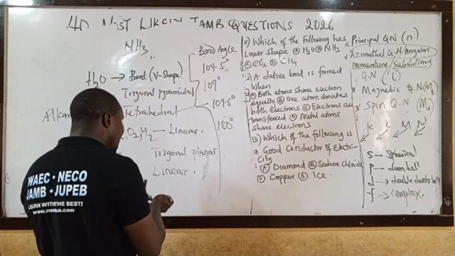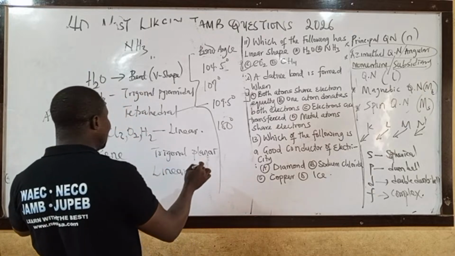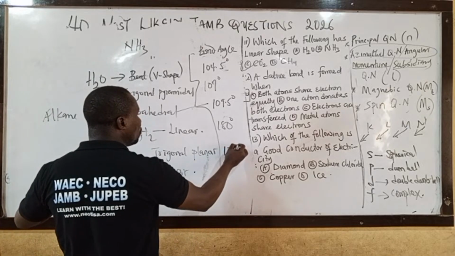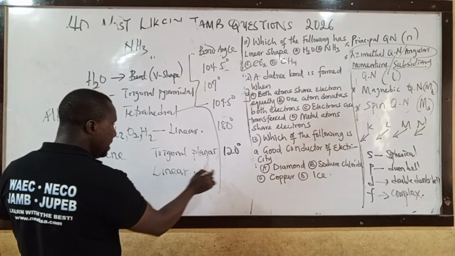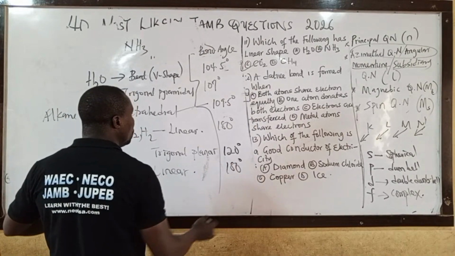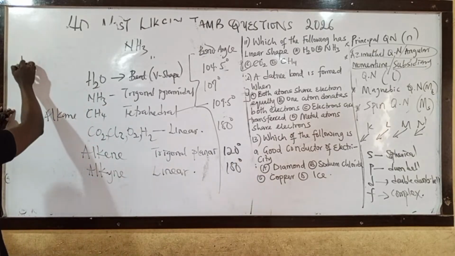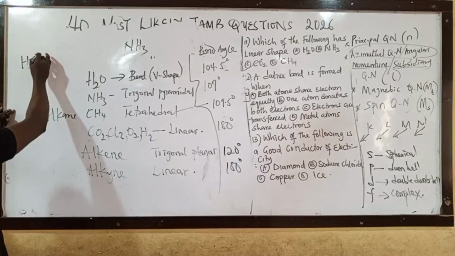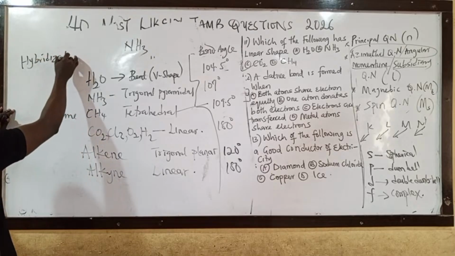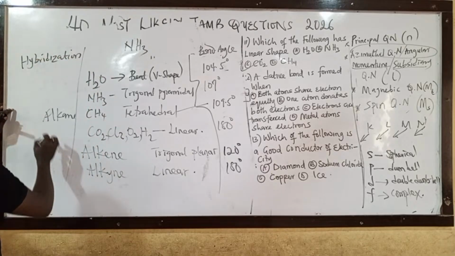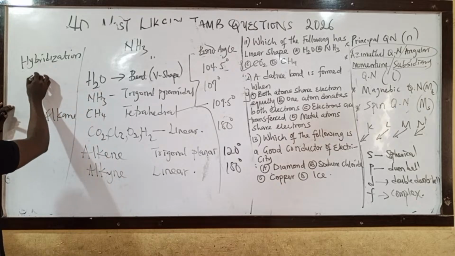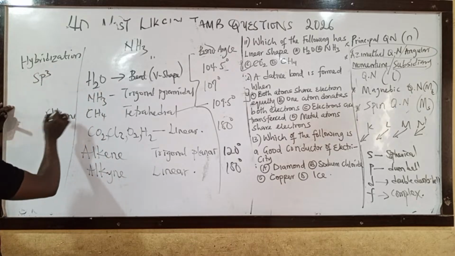Trigonal planar, which is alkene, bond angle is what? 120 degrees. Alkyne linear, 180 degrees. Take note of that. Hybridization, let me write this here. They can ask you their hybridization. Hybridization of water, sp3.